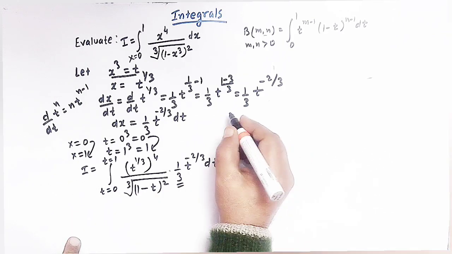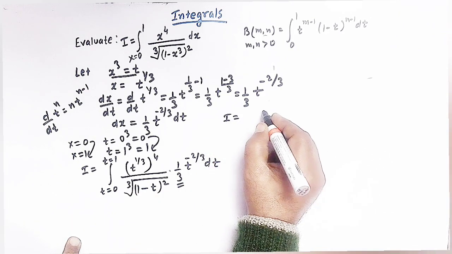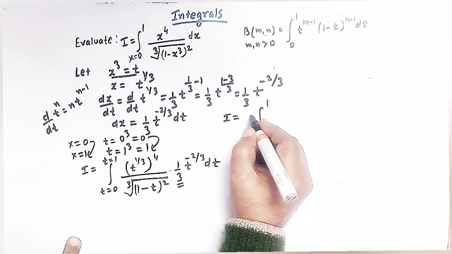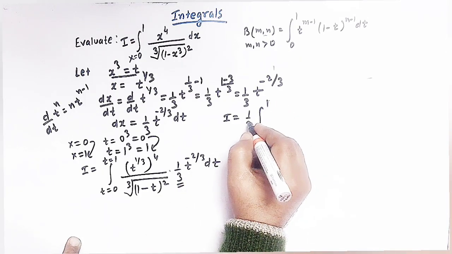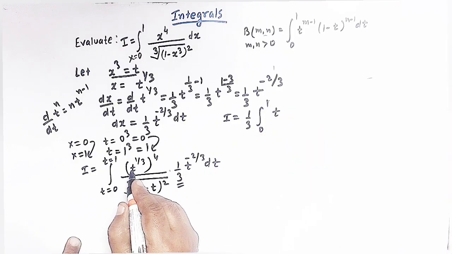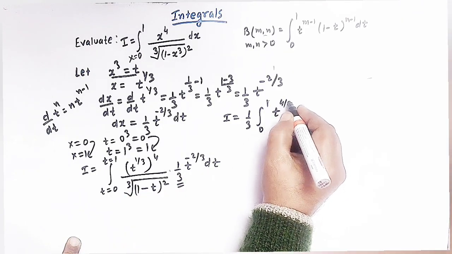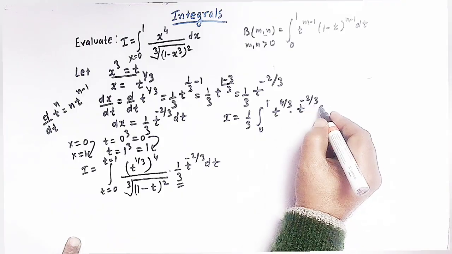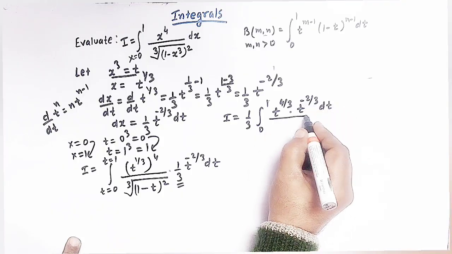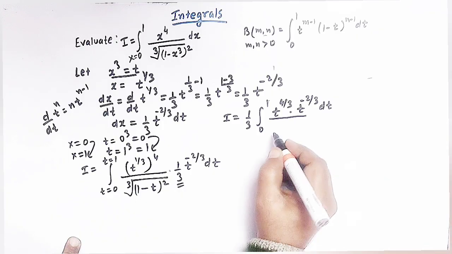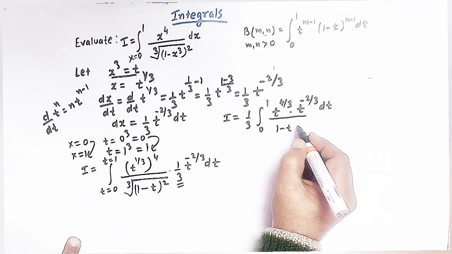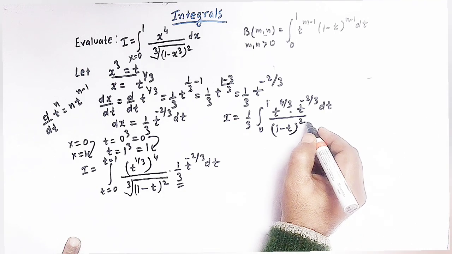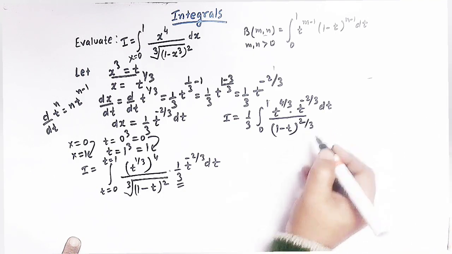So now let us simplify this integral. We can write this integral I as 0 to 1, and here we can take this term 1 over 3 outside the integral. Then we have t raised to 4 over 3, and here we have t raised to minus 2 over 3 dt, and in the denominator we can write 1 minus t squared, and here we have the cube root, so here we can write 2 over 3.